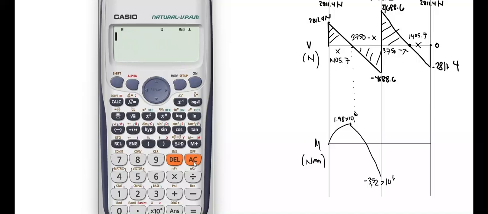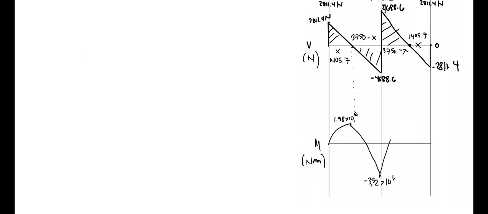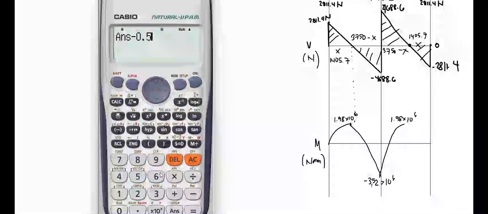Then we add this up. 3.52 times 10 raised to the power of 6, and it's negative, plus this area of this triangle, which is 1/2 times the base of 3750 minus 1405.7 times the height of 4688.6, and you will get 1.98 times 10 raised to the power of 6. 1.98 times 10 raised to the power of 6 minus this triangle here, equal to 1/2 times base times height, which is approximately closer to 0.